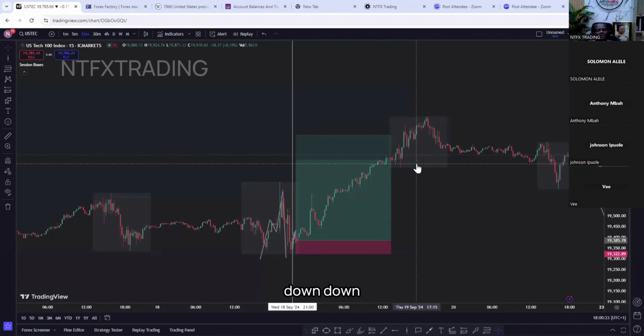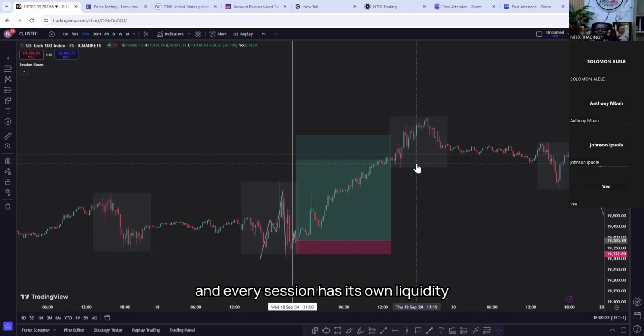Down, below. That's mitigation. Every session has its own liquidity. London has its own liquidity to take. The London New York overlap, which is New York, has its own liquidity to take.